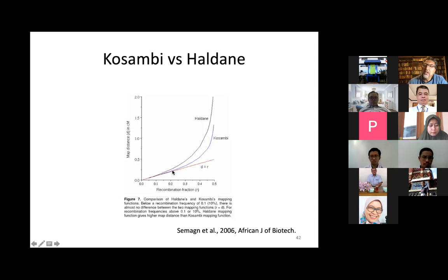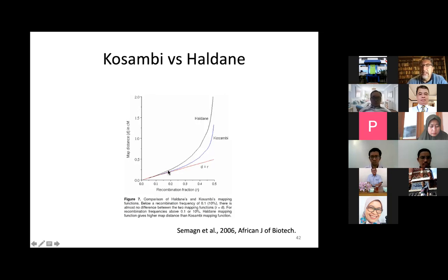If you consider Kosambi, it will be somewhere between 20 centimorgans and 24, because then you will have a correction for the interference. So the number of crossovers estimated will be lower than the expected one. It will be closer maybe to the observed, but would be a lower estimate. So that's why you have an overestimation.